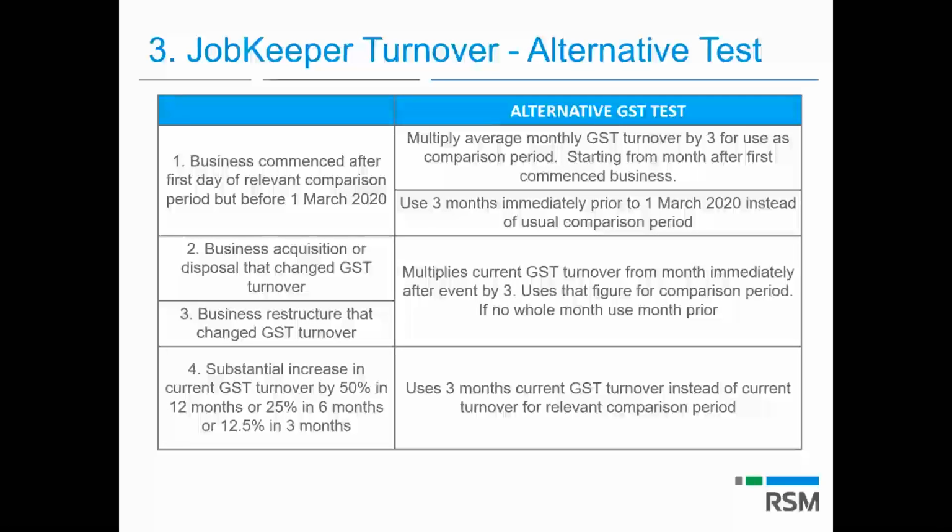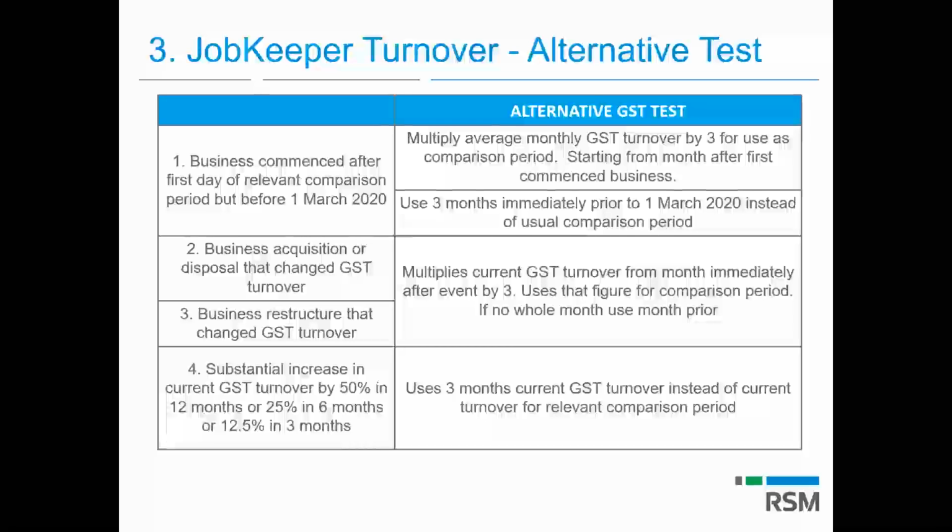What constitutes an acquisition, disposal or restructure is not further discussed in any of the explanatory material, and therefore these would just take their ordinary meaning. There is a requirement, however, that the acquisition or disposal or restructure change the turnover, and therefore if the acquisition doesn't actually result in the change, this alternative test won't be available even though technically there may have been an acquisition.